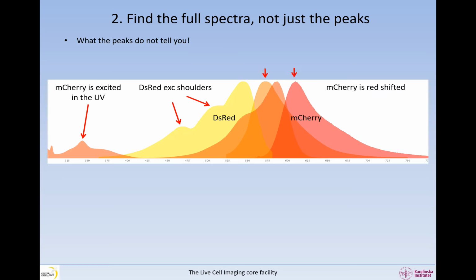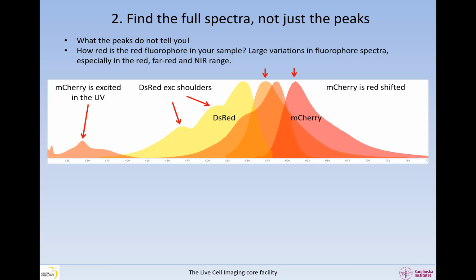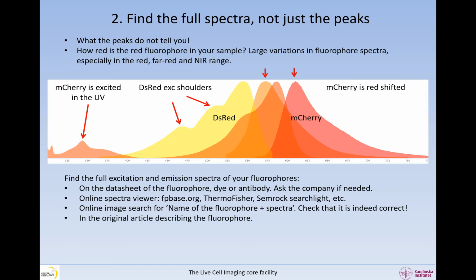Also, the emission of mCherry is really red-shifted compared to DsRed. So how red is the red fluorophore in your sample? There are very large variations in fluorophore spectra, especially in the red, far red, and near infrared range.